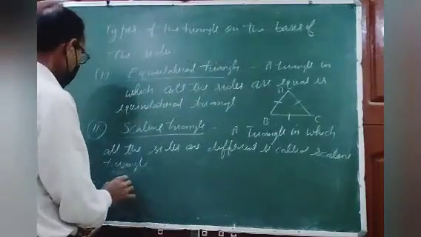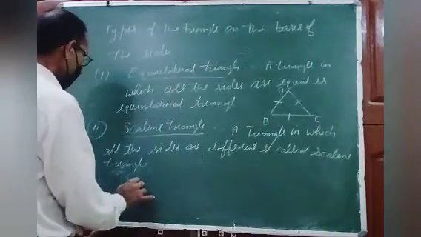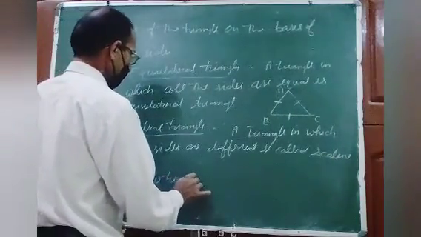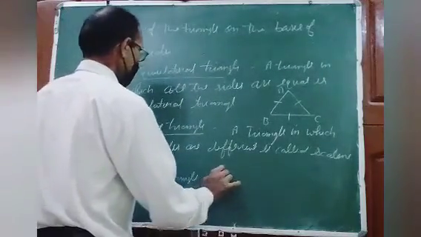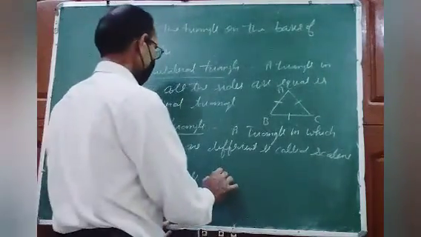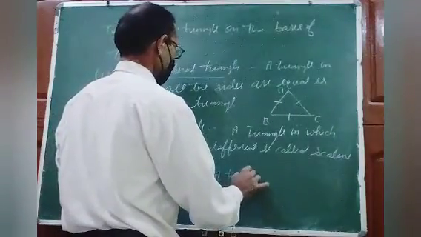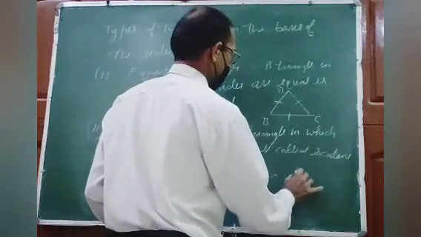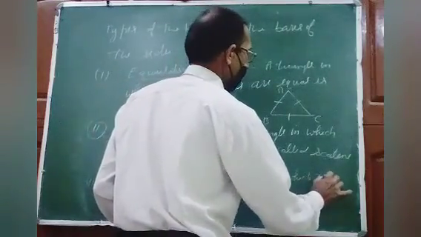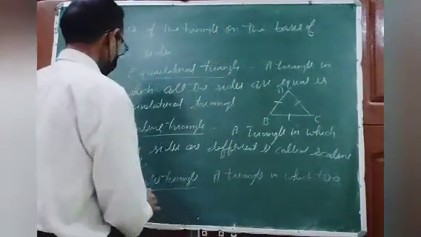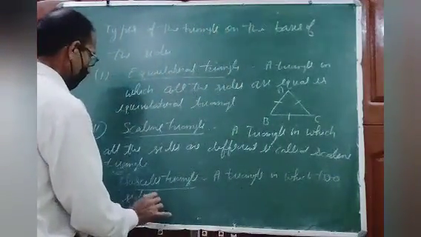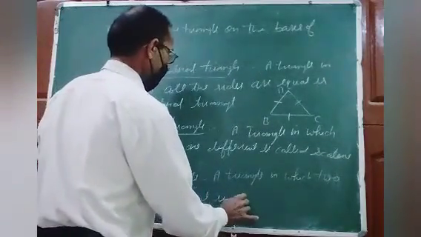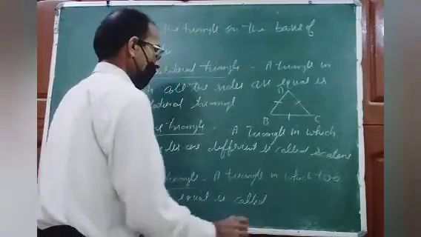Third is the isosceles triangle. A triangle in which two sides are equal is called an isosceles triangle.